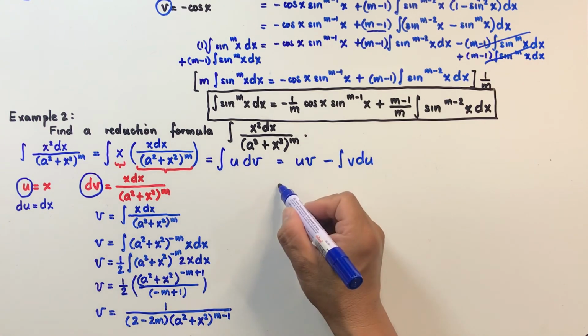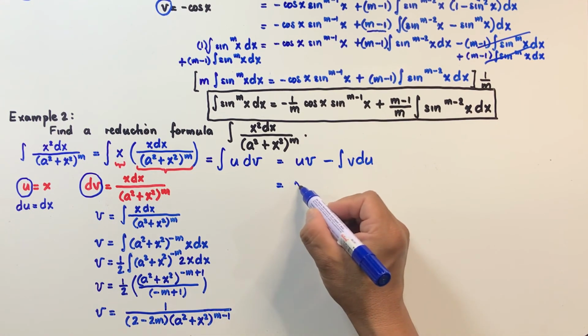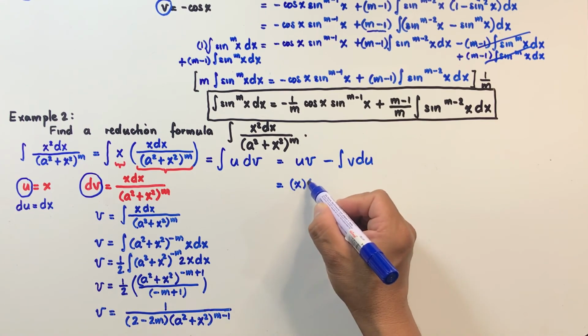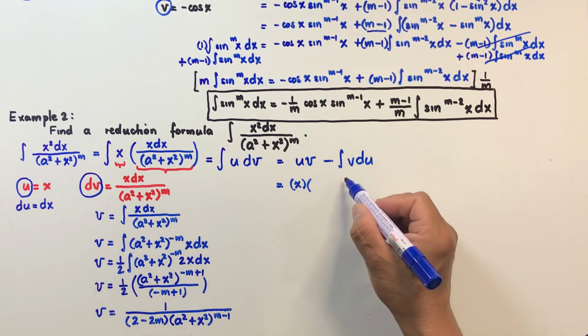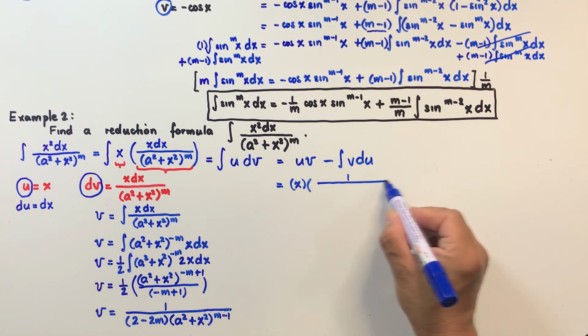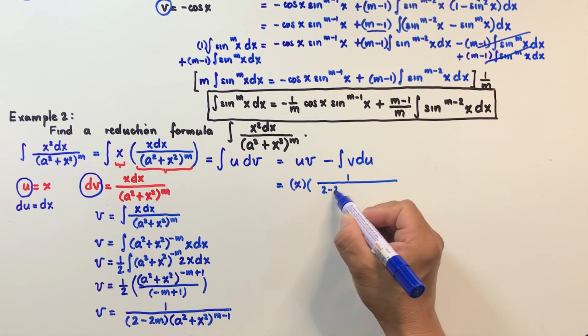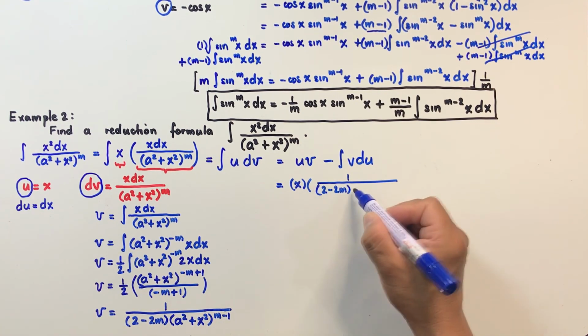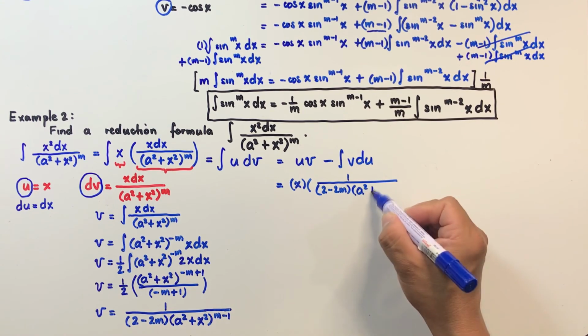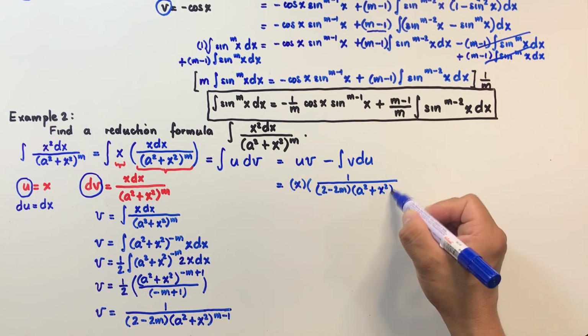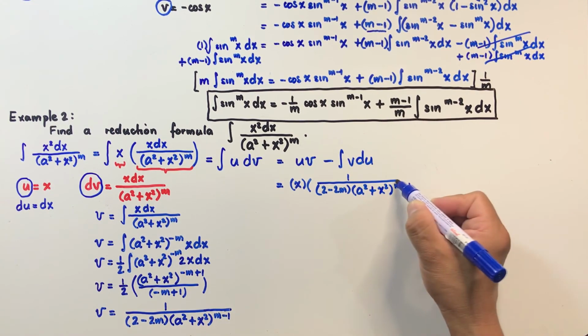So substituting back our representation, we have our u, which is x, and our v, which is 1 over 2 minus 2m times a squared plus x squared to the power m minus 1.